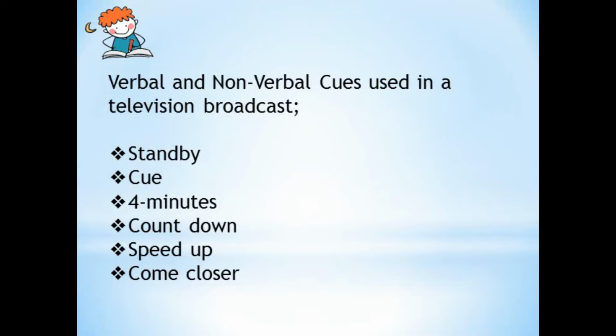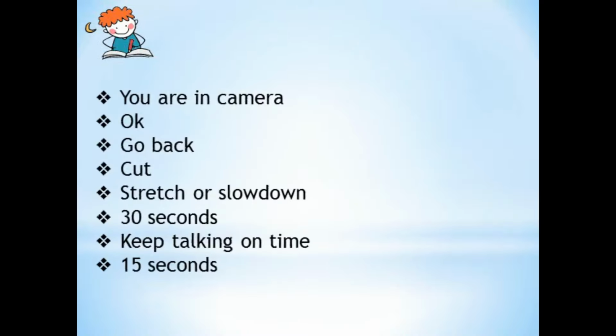These are standby, cue, 4 minutes, countdown, speed up, come closer, you are in camera, okay, go back, cut, stretch or slow down, 30 seconds, keep talking, on time, and 15 seconds. These are the examples of hand signals.